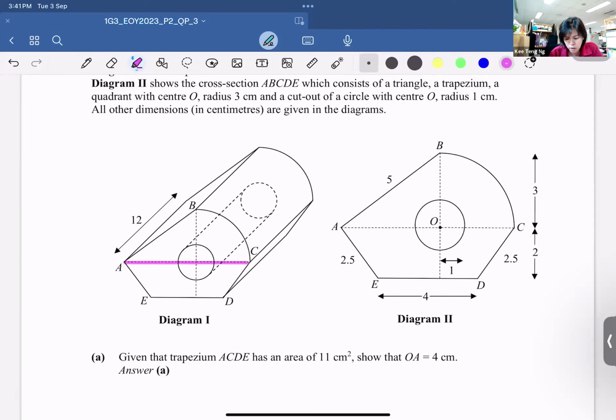Number one, the question says it consists of a triangle. So this is my triangle. Yeah, I should draw it the other way. Triangle. And then a trapezium.